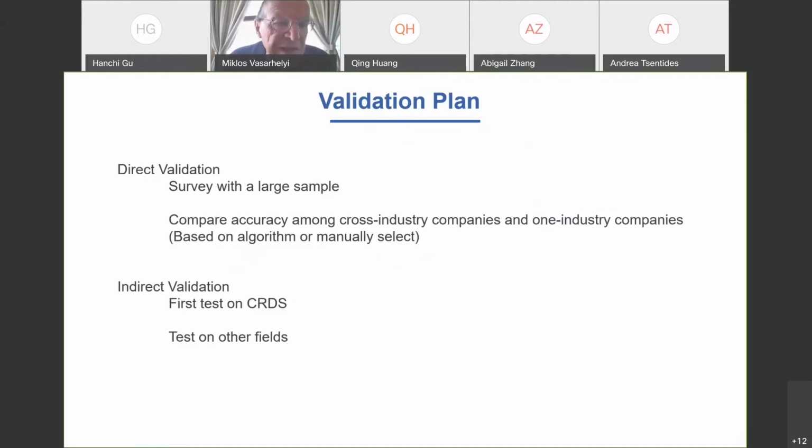I don't understand. Can you just explain what you mean by cross-industry companies? Yes, it means a company that has operations in more than one industry. Because we're talking about companies with consolidated financial statements of subsidiaries.